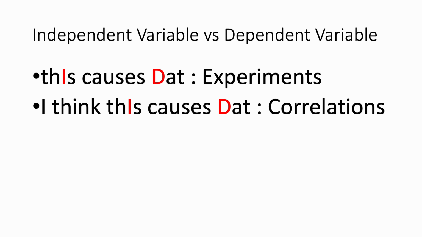That's not always true. Sometimes there's a high-low condition. Sometimes there's different dosing conditions. So just let that all go and think the IV causes the DV. The IV is the cause, the DV is the effect. That's all you need to know.